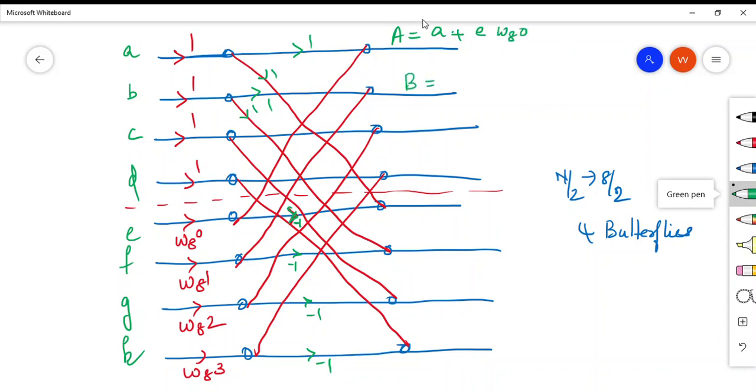B will be equal to B plus F W81. So like that you can write all the values. I'll write here one more. E will be equal to what? A minus E W80. Okay, so this is how we find the butterflies for 2, 4, 8 point sequences.